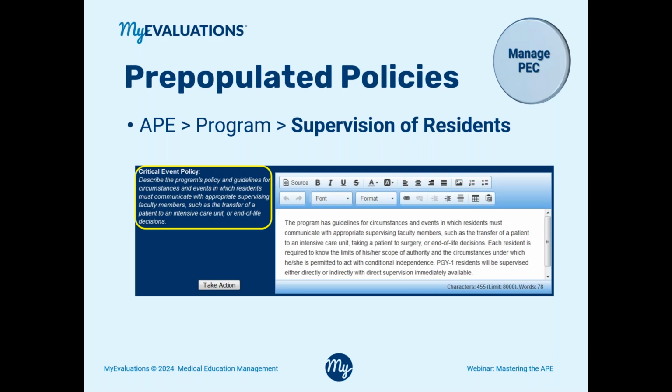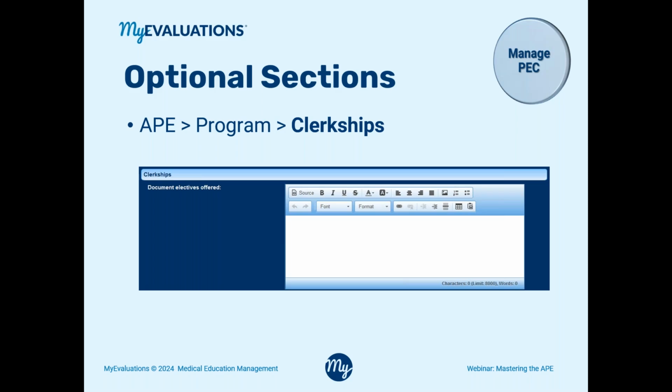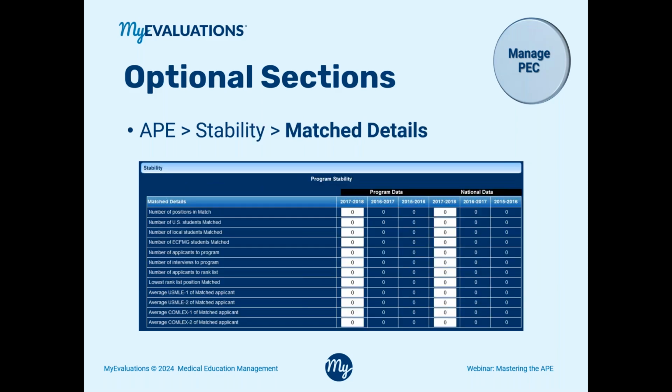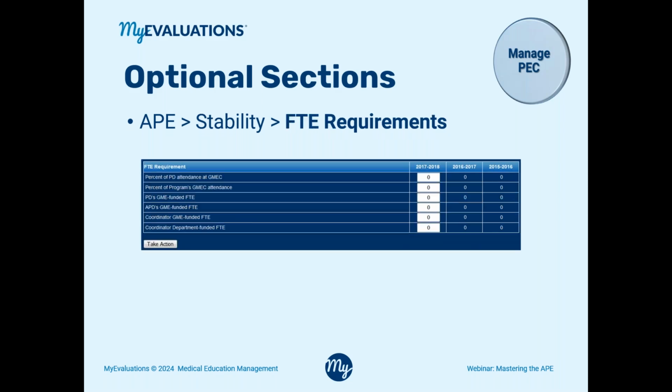And there are some optional sections here for you to comment on participating sites, clerkships, and match details in terms of the number of positions that were matched and what types of trainees we are getting. And that visa requirement that I mentioned for you is all optional. And there's another optional section on FTE requirements as well.